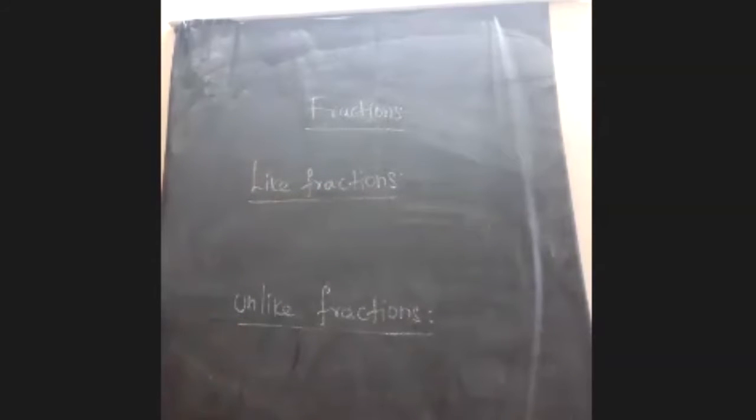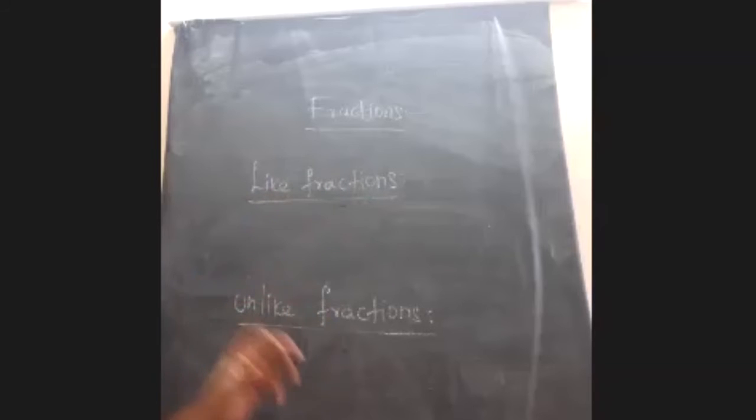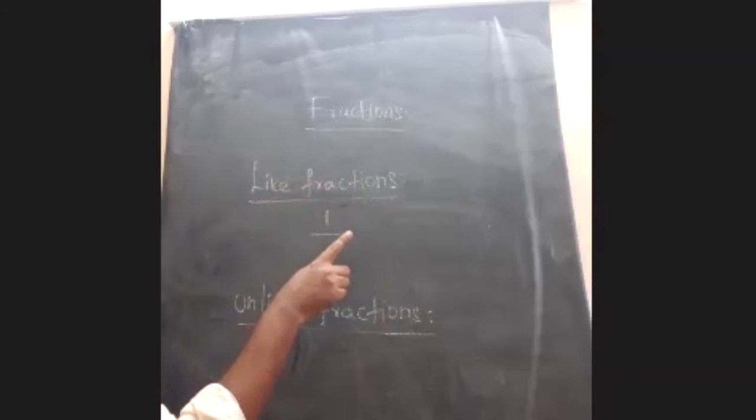Okay. So like fractions and unlike fractions. Most of you already studied what like fractions and unlike fractions are. Anyhow, let me tell you in a simple way. In like fractions, we need at least two fractions to compare whether those two fractions are like fractions or unlike fractions.